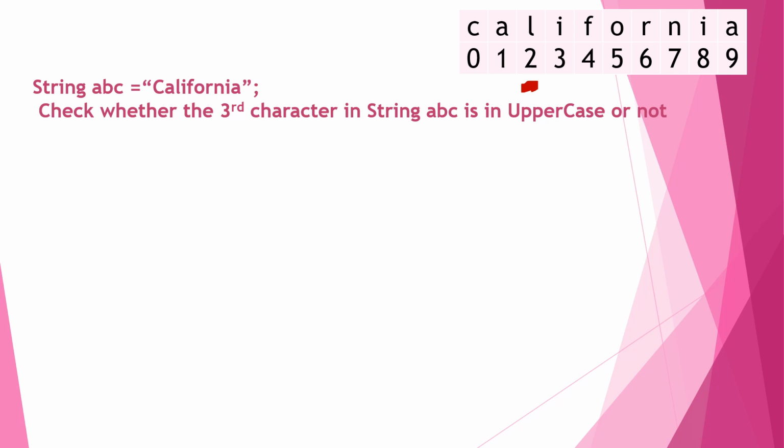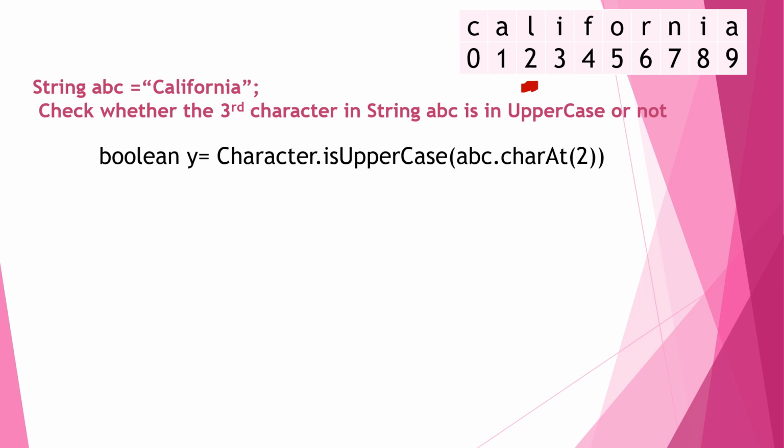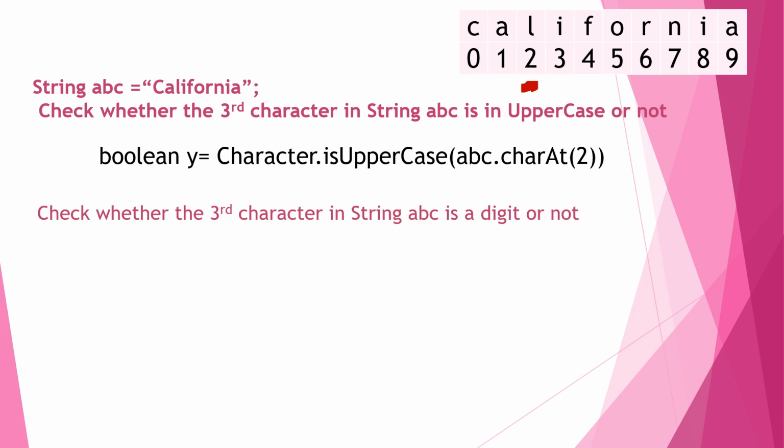So the function will be like this: boolean y, because checking means the answer is yes or no. boolean y = Character.isUpperCase(ABC.charAt(2)). Because the third character is in position number 2, we use charAt(2) to check whether it is uppercase or not.